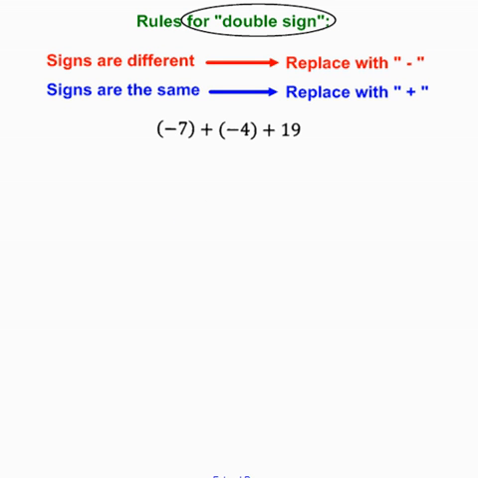When you have more than one of these in a row, the first thing you're going to do is scan it and look for the double signs. Here I have a double sign. The signs are different, so I'm going to replace it with a minus. And so I'm going to have -7 -4 +19. Then I just take them in pairs, so -7 -4, if you did that on your number line, you'd wind up with -11.